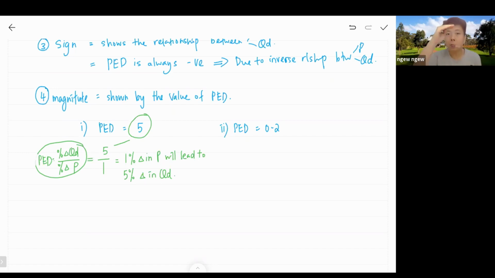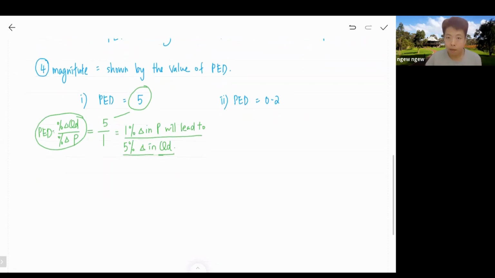The 5 is on top, which is the percentage change in quantity, and the 1 is at the bottom, which refers to the percentage change in price. So I interpret this figure as: a 1% change in price will lead to a 5% change in QD. And if I put a sign on it, a 1% rise in price will lead to a 5% fall in QD because they have an inverse relationship.